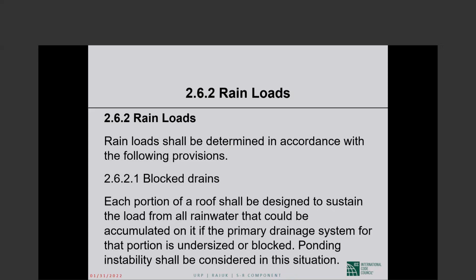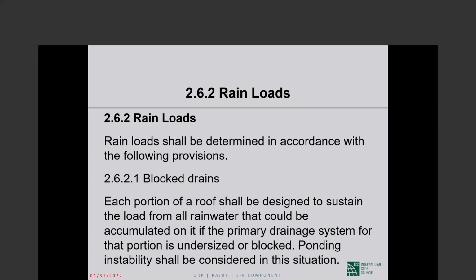Each portion of a roof shall be designed to sustain the load from all rainwater that could be accumulated on it if the primary drainage system for that portion is undersized or blocked. Ponding instability shall be considered in this situation.